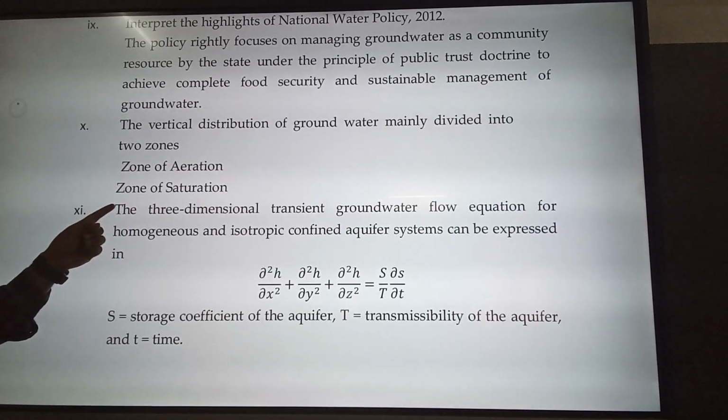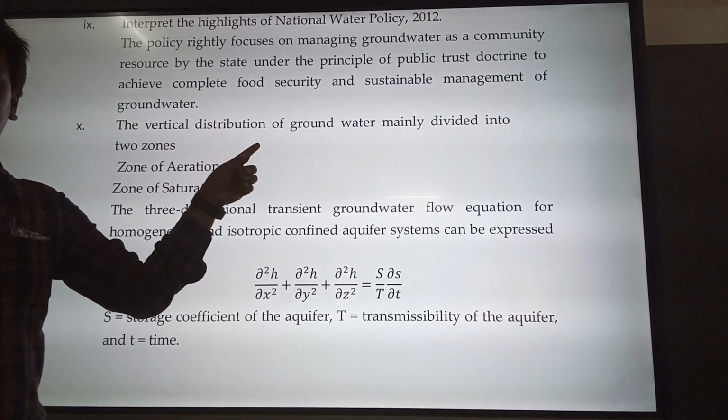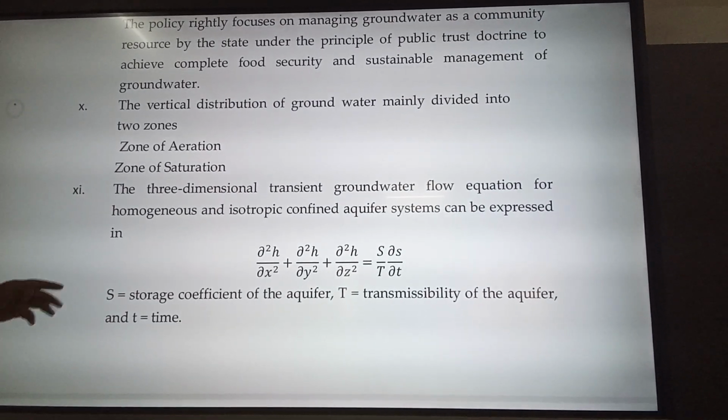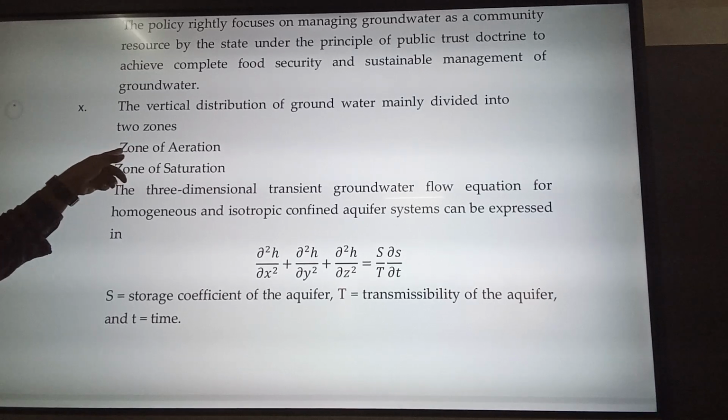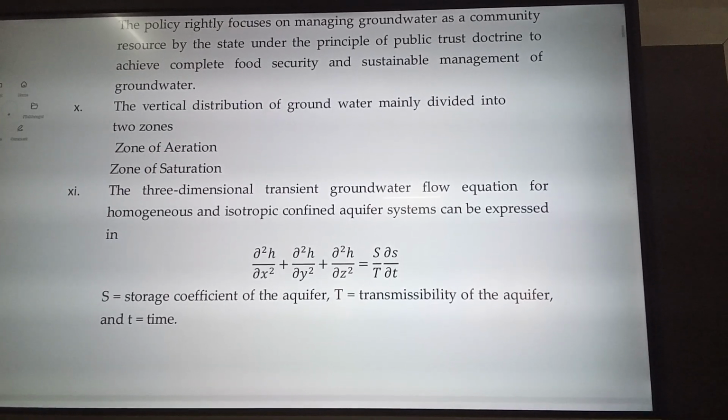Write down the name of the vertical distribution of groundwater zones. There are 2 zones of groundwater, that is the zone of aeration and the zone of saturation.